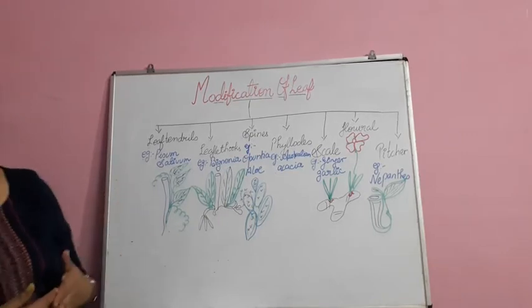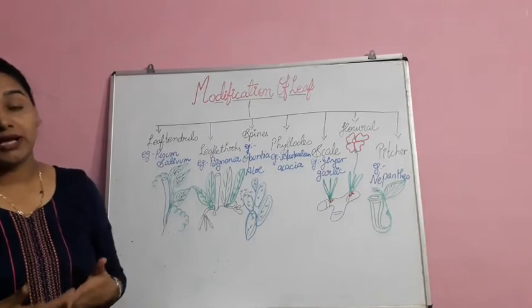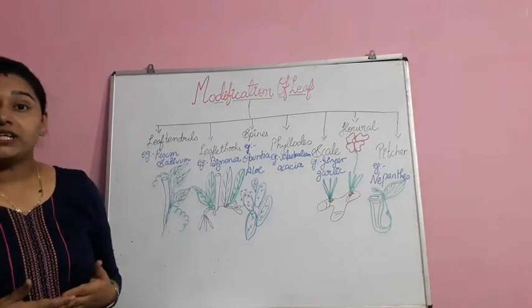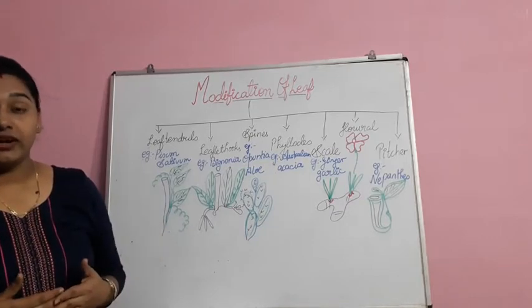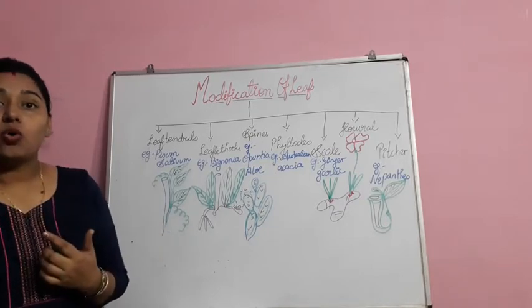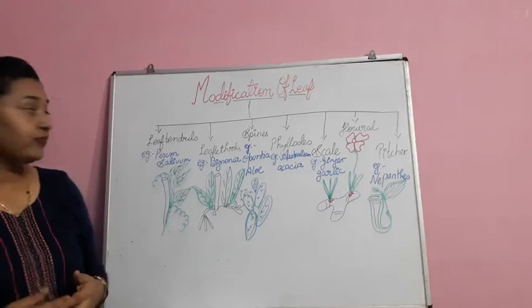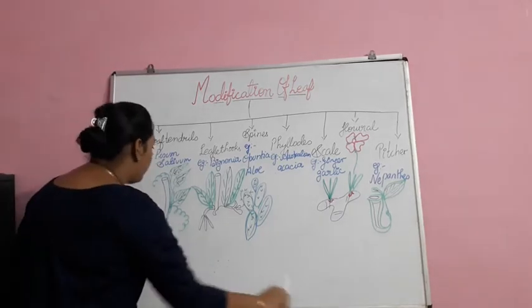You might have seen the grape plant, the Pisum sativum pea plant, and the pumpkin too. You must have observed a coiled kind of structure there, something like this, as you can see over here.